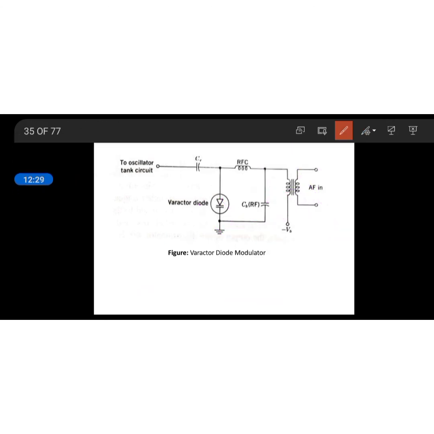So the total capacitance of the tank circuit is equal to C0 plus CD.